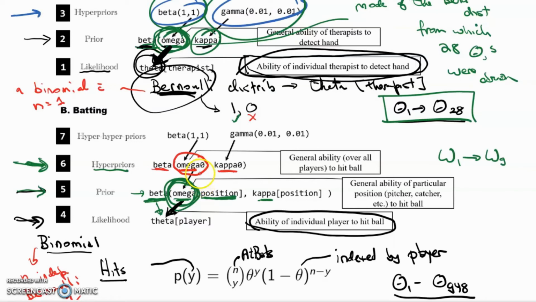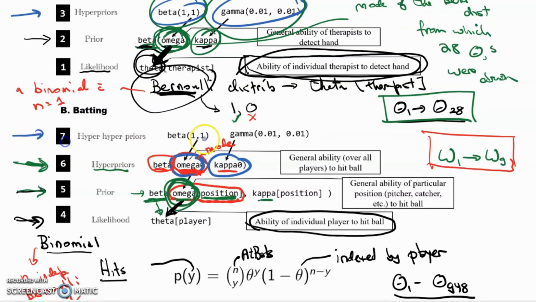Why? Because that's the mode of the beta distribution from which the 9 different values of omega indexed by position are going to be drawn. And then we're going to need to have priors for both omega and kappa, and we can think of those as hyperpriors.